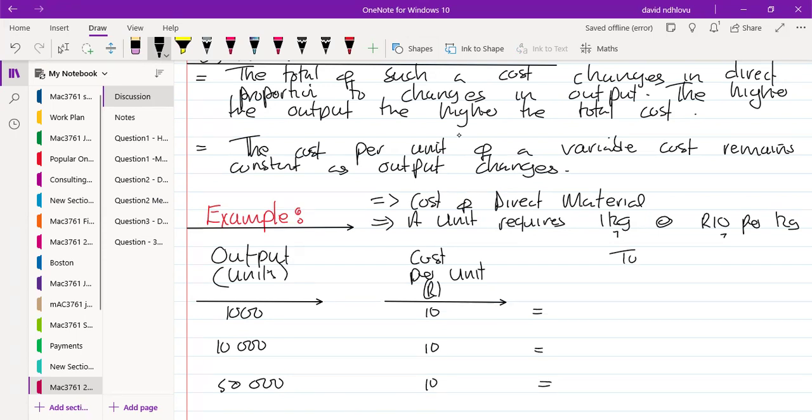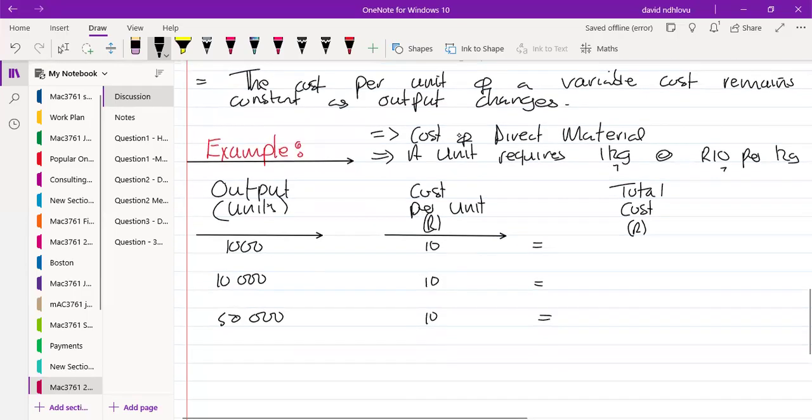Right, but when we look at the total costs, the total cost that we are going to incur at any given level of production is going to be dependent on two things. One, the output that we are producing. Number two, the cost of producing 1 unit. So if we are now producing 1,000 units, we are going to need 10,000 here.